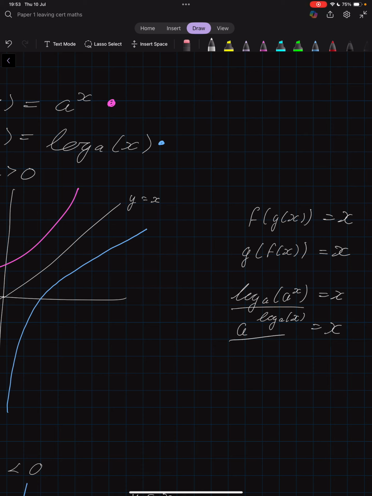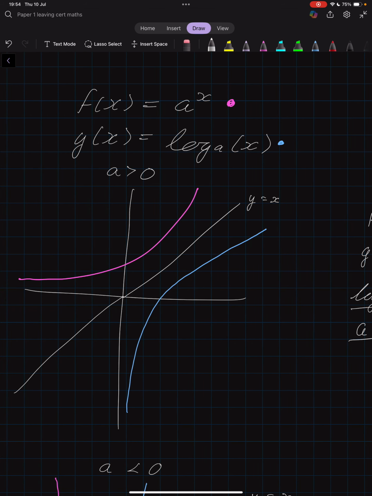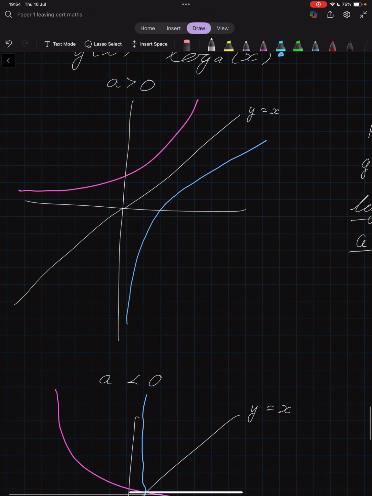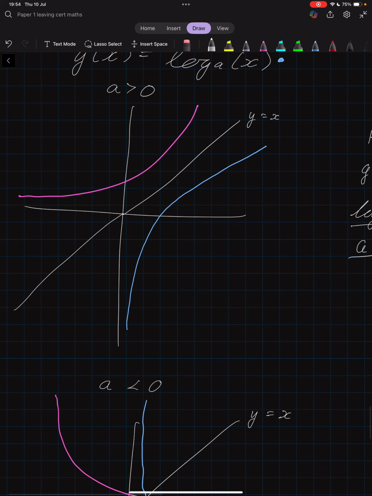So in both cases, if you give x to f and then give f to g, you end back with x. Okay, so that's why it's an inverse, and that's why when you're drawing logarithmic functions, you basically draw the exponential of it and then just go across the y equals x. Okay, so hopefully that's all right.